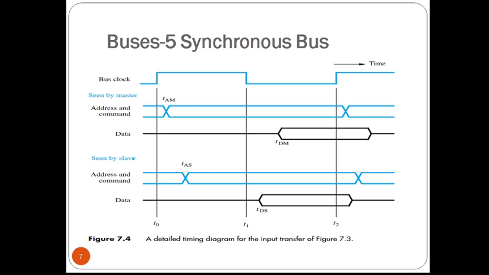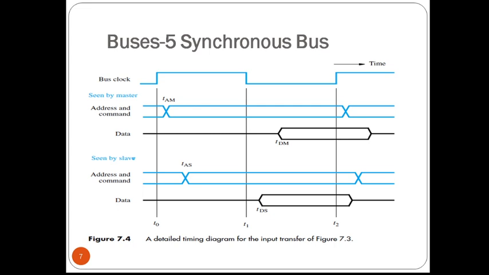It shows two waves for each signal except for the clock, one for the master and one for the slave. The clock signal remains the same, because signals take time to travel from one device to another, so a given signal transition will be seen by different devices at different times.